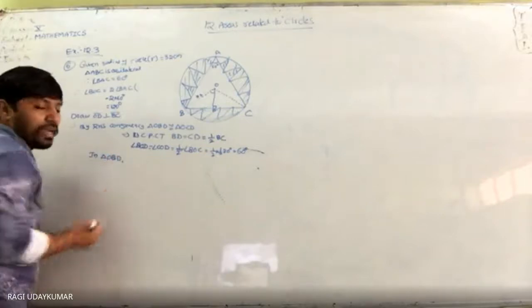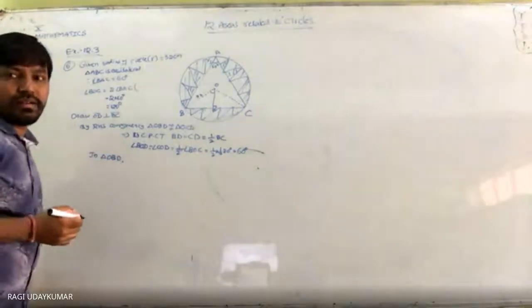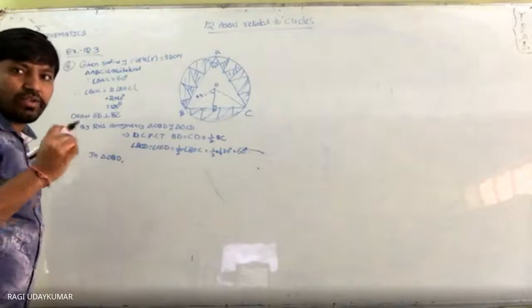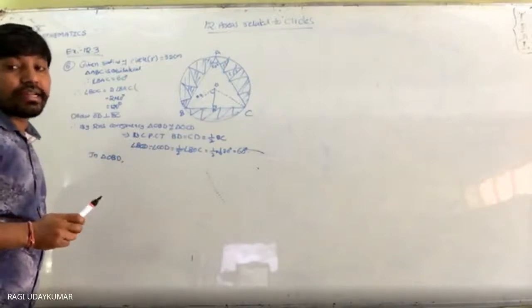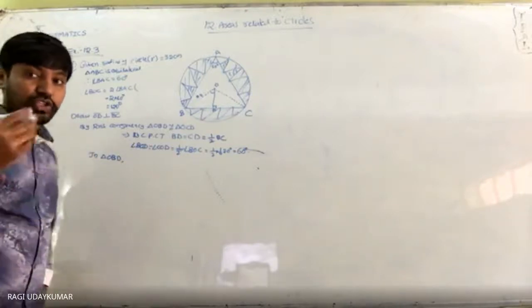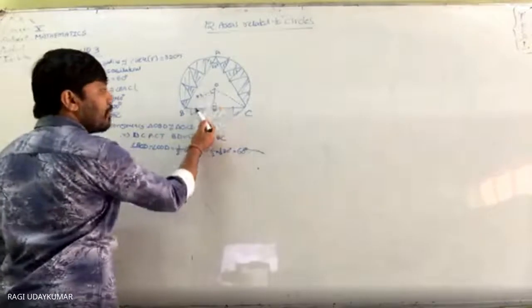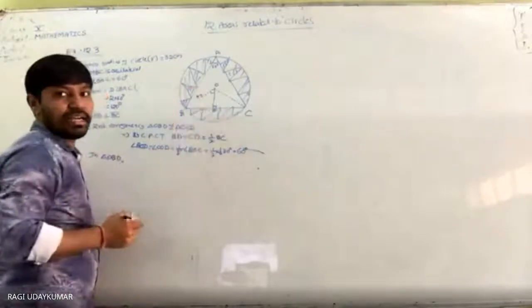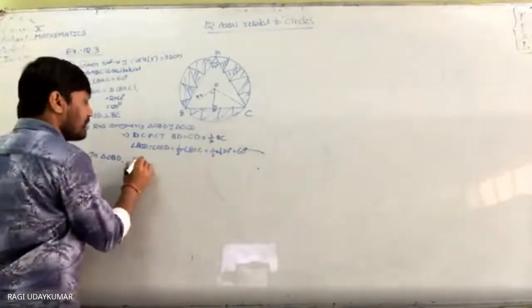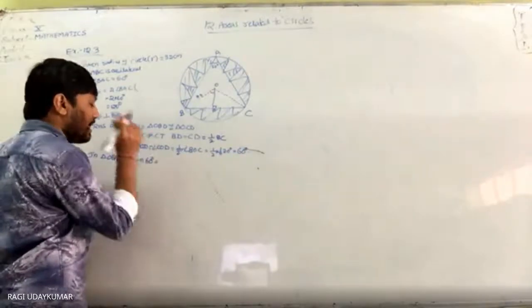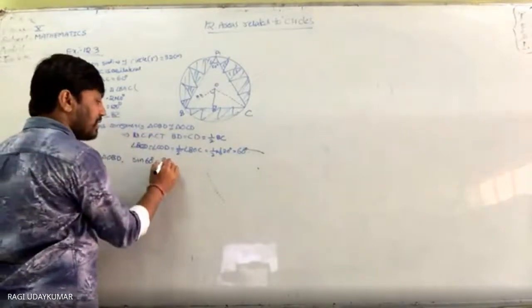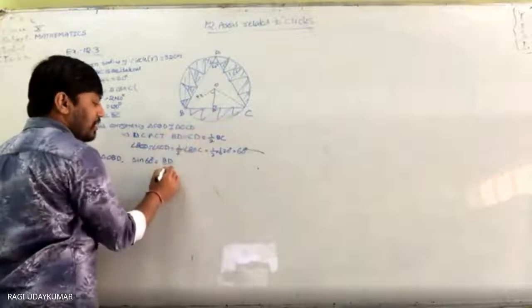Using what topic? If you have one angle and one side, you can find any other side in a right angle triangle using which chapter? Trigonometry. Yes, we use trigonometry. We need the opposite side, and we have the hypotenuse. So consider sine 60 degrees, opposite side BD by OB.